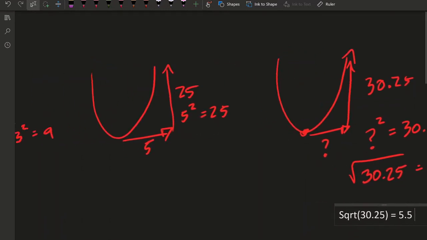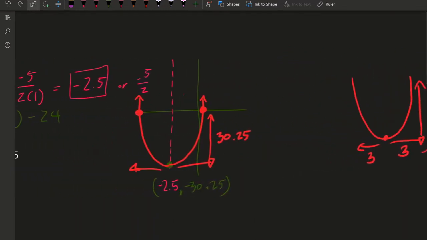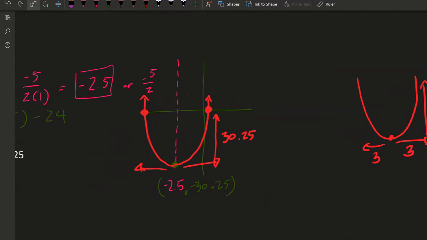So let's go back over here. If I want to go up 30.25, then I need to go to the right 5.5, and I need to go to the left 5.5.